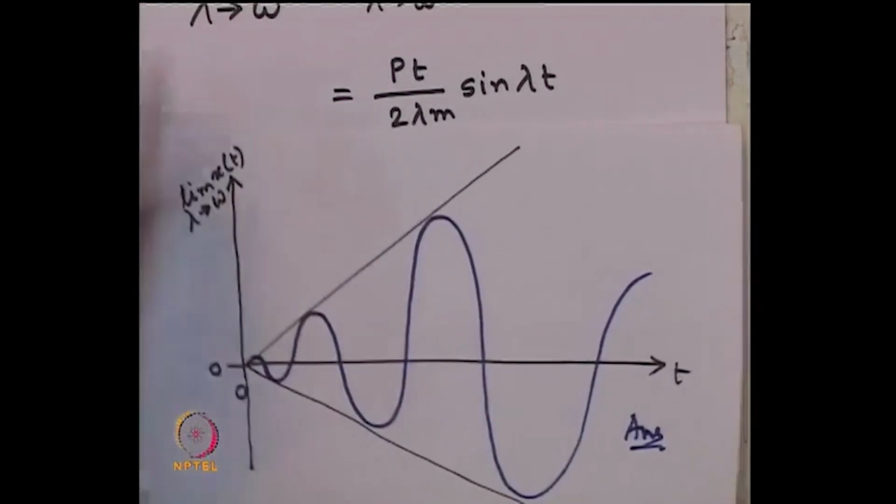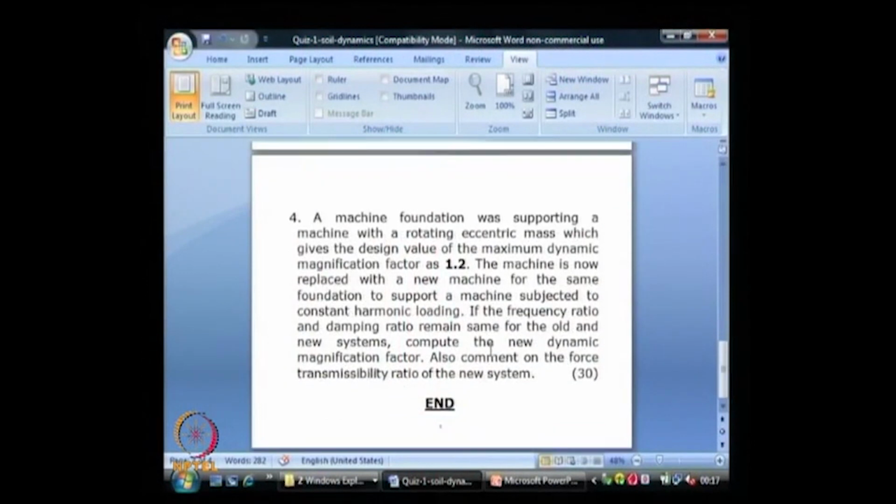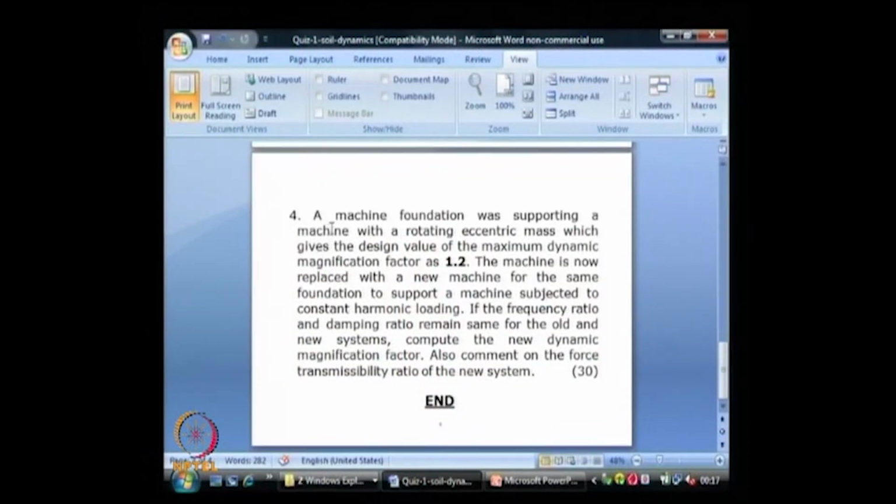Okay. Now, let me move to the last problem of our quiz 1. The fourth problem was: a machine foundation was supporting a machine with a rotating eccentric mass, which gives the design value of the maximum dynamic magnification factor as 1.2. The machine is now replaced with a new machine for the same foundation, subjected to a constant harmonic loading.